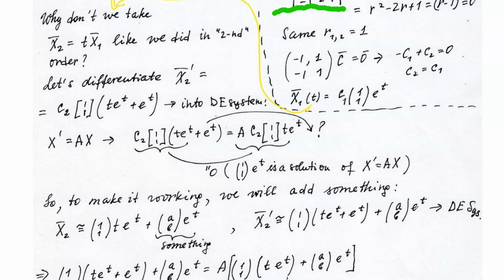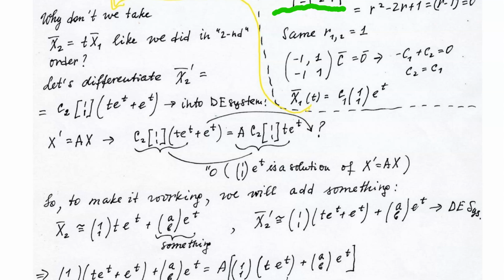If we plug them back into our equation as a derivative, we see that on the right side we don't have two terms. We just have one, which corresponds to the solution t e to the power of t. Why are these two terms equal to each other?